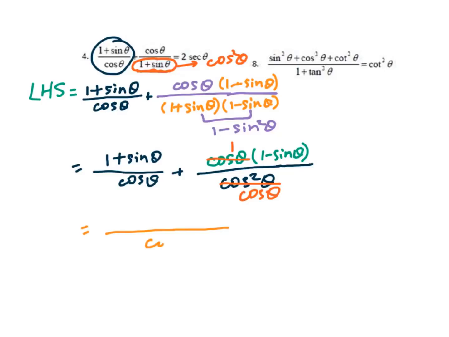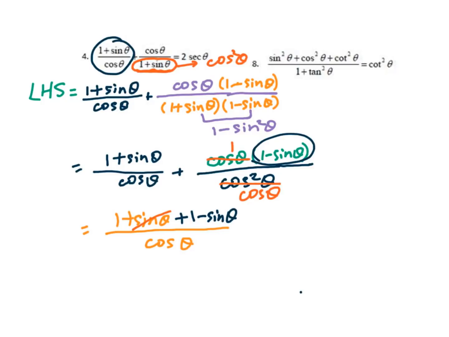So we got the cosine theta as a denominator. Then to the top, I got the 1 plus sine theta, and for this part, that's 1 minus sine theta here.